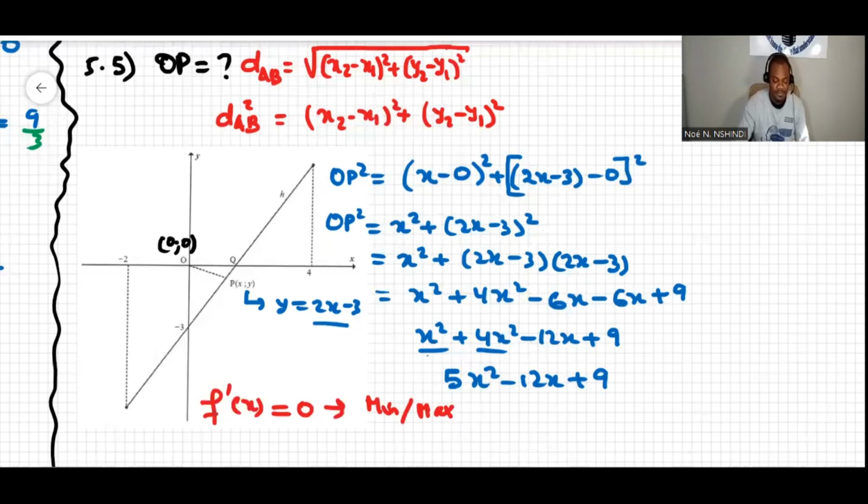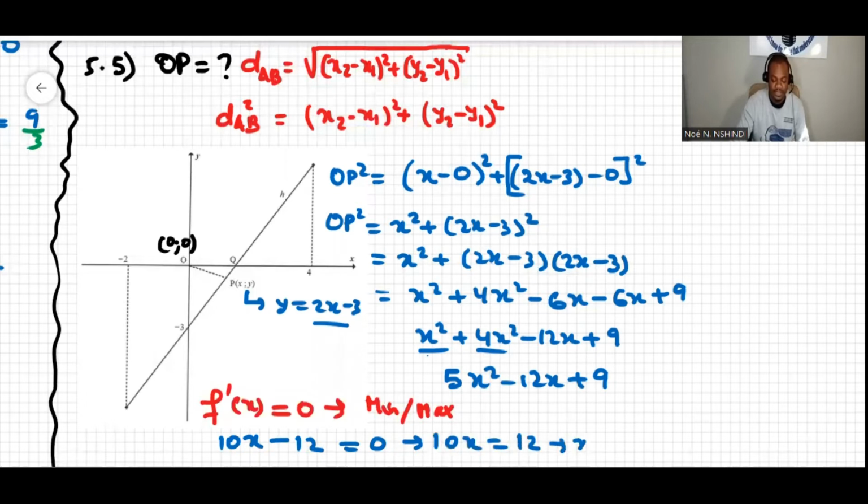So I'm going to say the derivative of the function is 10x minus 12, equal to 0. So 10x will equal 12.